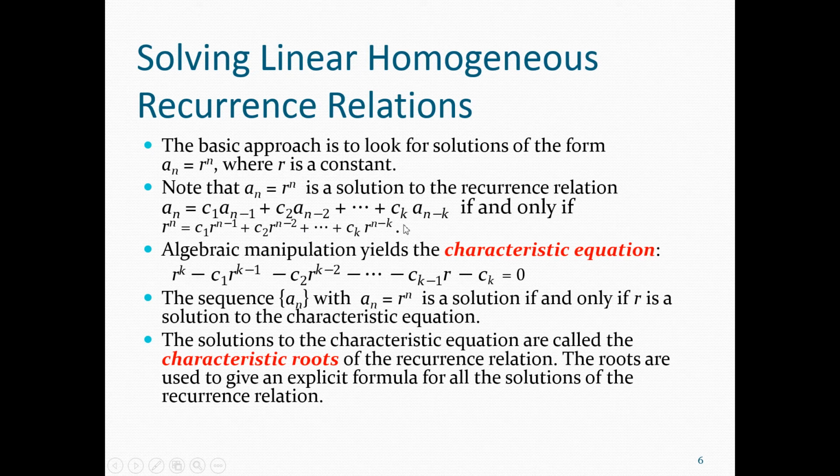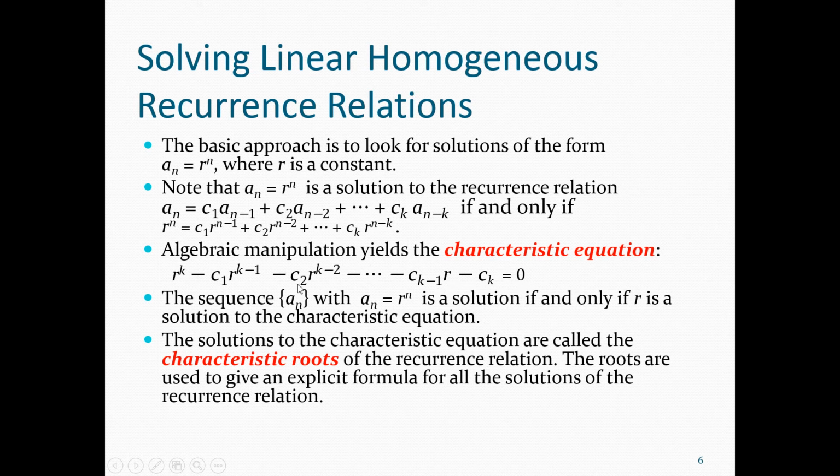Now what is common here? r^(n-k) is common. So factor it out, and we have r^k minus c1 r^(k-1) minus c2 r^(k-2) minus so on minus c(k-1) r minus ck is equal to 0.